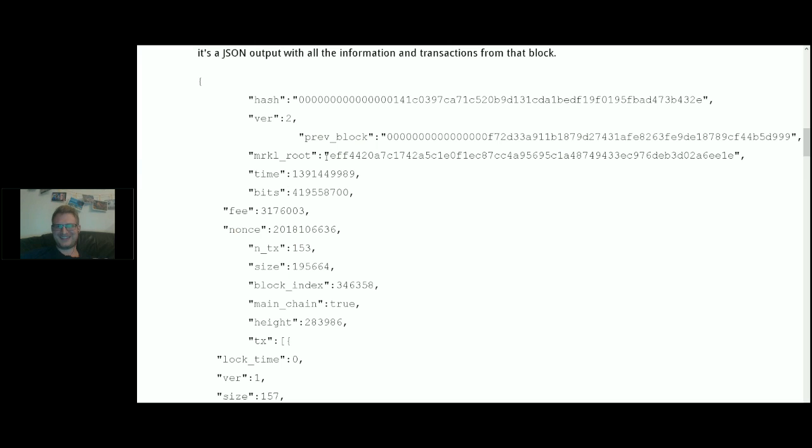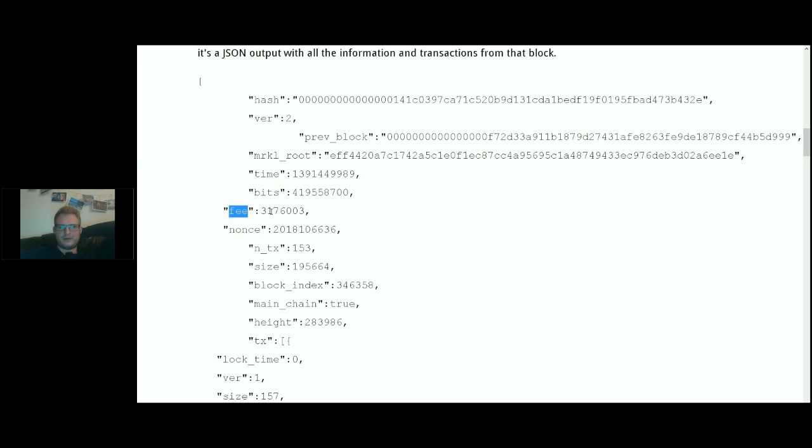But it's a hash value of all the transactions, and you can use this to easily verify if a transaction is actually included in a block. Then we have a time, which is a timestamp. Bits is kind of telling how difficult it is to solve the block.